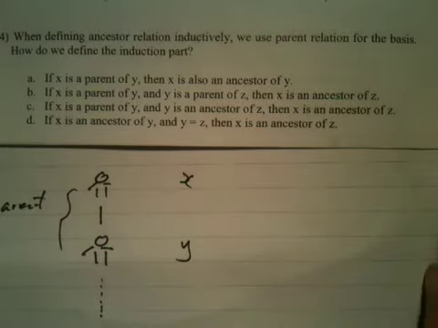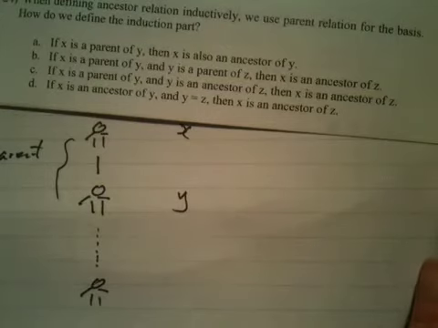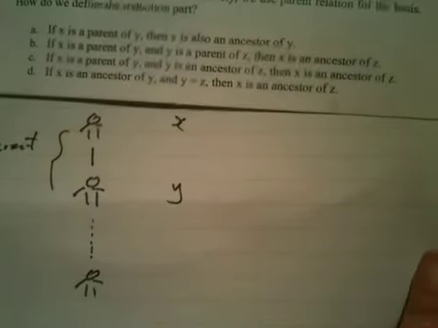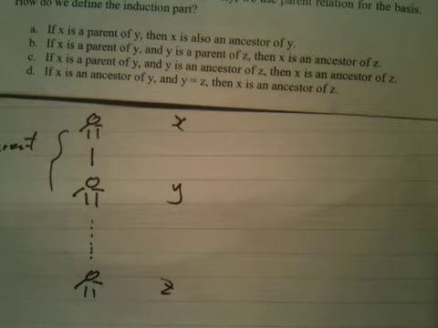Let me move the camera down a little bit. Let's call this person Z. The relation between Y and Z is ancestor.